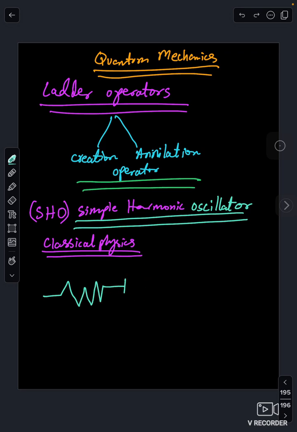Okay, so this is a mass m, and it's tied to a spring. This is a spring.